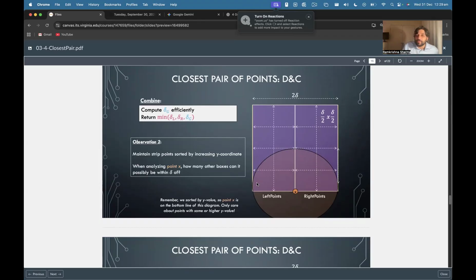So if I have a point in here, I really only have to check 7 boxes that are above me. Not necessarily below me, because if I'm coming from below, I'm already checking the ones above. When I'm above, I've already checked the ones below and how I compare to them in terms of distance, so I don't need to do that.